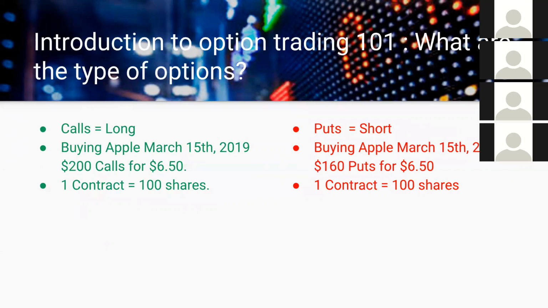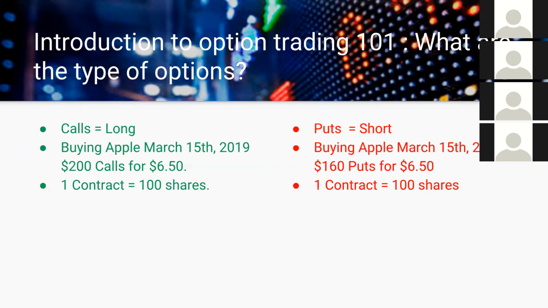Now, each option contract that you buy equals 100 shares of Apple. So buying the $200 call option or the $160 put option will cost you $650, which is 100 shares times $6.50 per contract. Assuming you sold that contract at or before expiration for $20, you'll be collecting $2,000 on a $650 investment. That's not too bad at all.